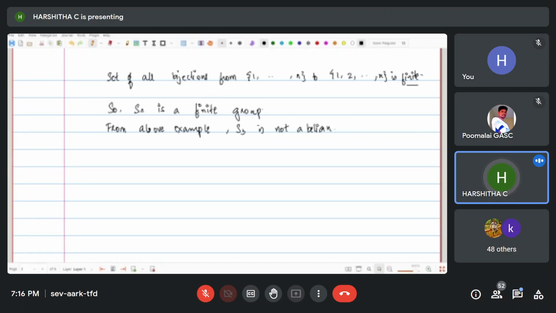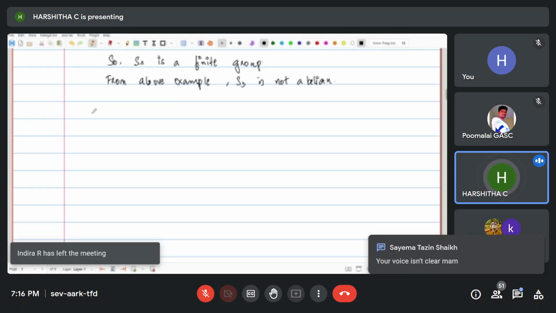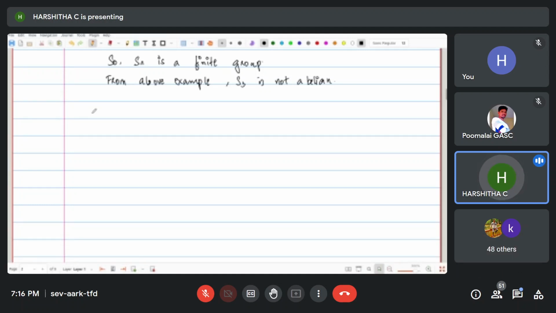But if you want to do it for infinite, you can't say when n is not finite, but you can take some infinite set and take the bijections from, let's say, the set of all natural numbers to itself, and the same thing under composition.